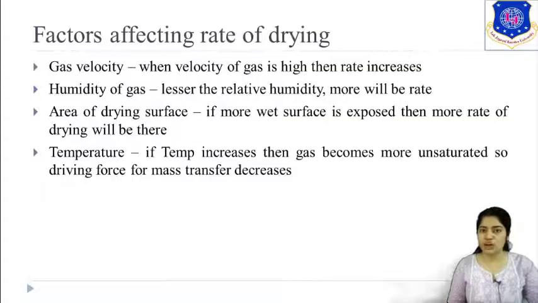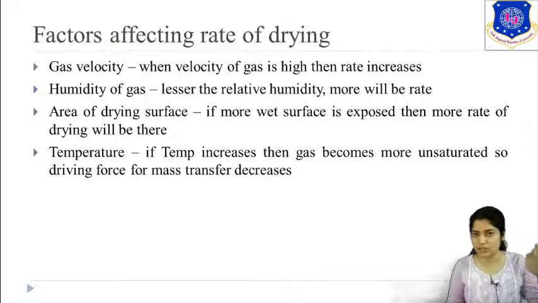Now the next topic in your drying section is the factors affecting the rate of drying. We saw the equations of drying for the constant rate period and falling rate period. Now this rate, of course, depends upon certain factors. So let's move on with it. First of all, it depends upon the gas velocity. It is very clear that when the velocity of gas is high, the rate increases. As velocity is high, the mass transfer coefficient increases.